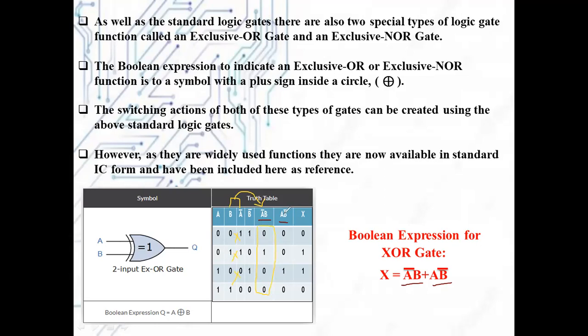Next, sabi dito A and not B. So, si A daw, saka si not B, para makuha natin yung value nito. Okay, then next, sabi dito, pag nakuha natin yung value niya, gagamitin natin si OR gate para makuha yung output. So, kapag OR gate, ibig sabihin is plus sign or addition.